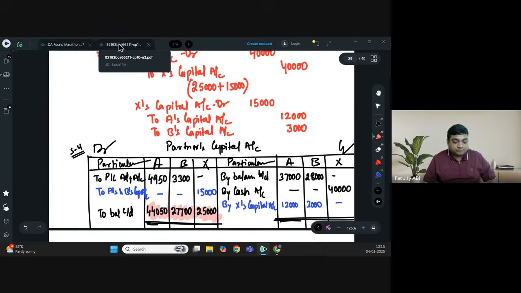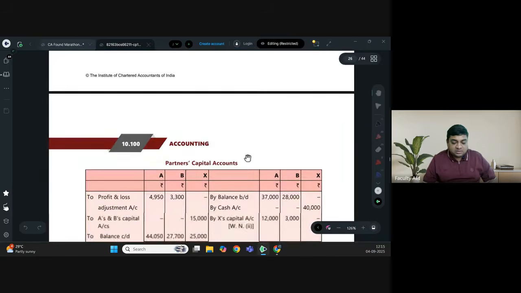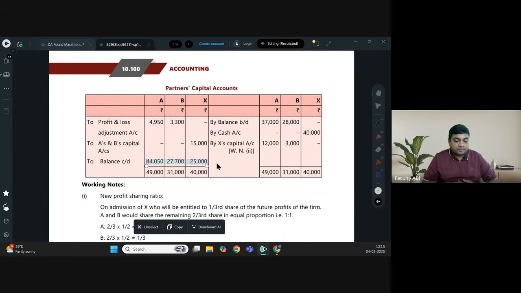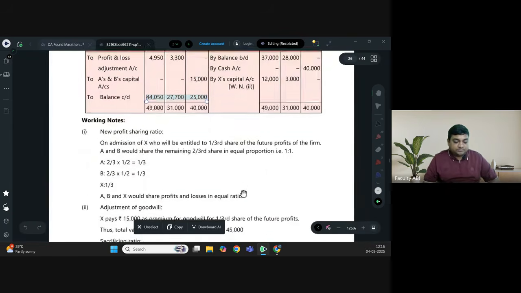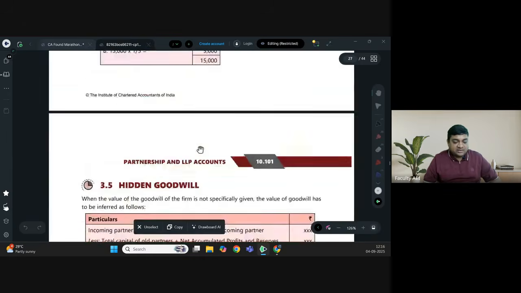Right? See, 8,250, 12,000, 3,000, 15,000. You can see. Right? Sacrificing ratio is 4:1. Everything is given, right?